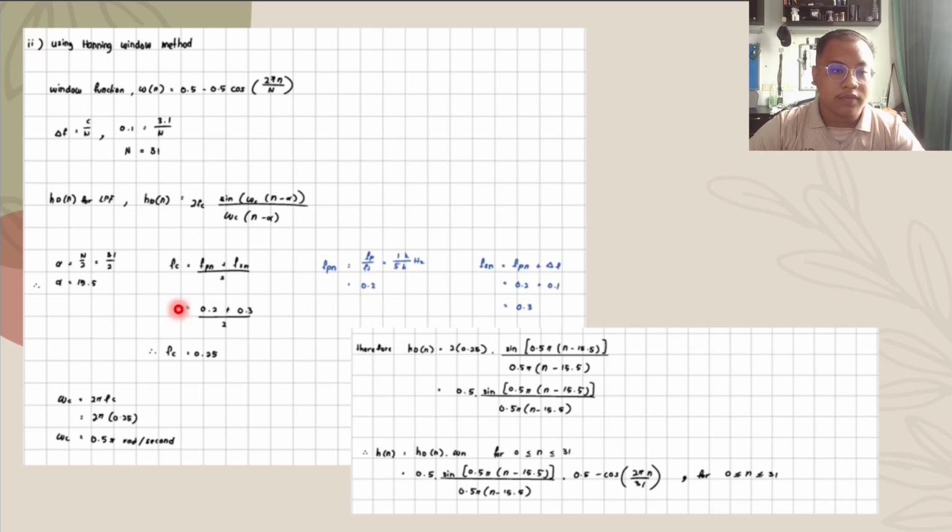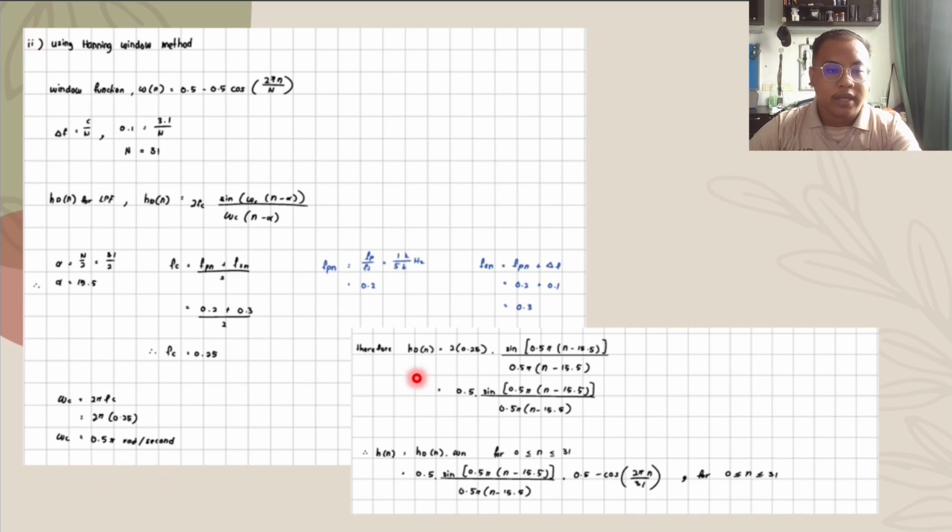And then I look for the value of fc. fc equals (fp plus fs) over 2, which is (0.2 plus 0.3) over 2, where I get fc equal to 0.25. Then I calculate the value of omega c. Omega c is 0.5 pi radian per second.